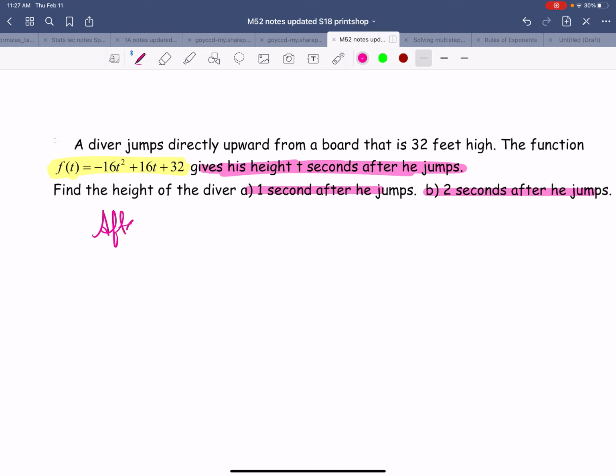So after 1 second, we would have to replace the t by 1. If you want to find the height after 10 seconds, we will replace the t by 10. If you want to find the height after 7.5 seconds, we will replace the time by 7.5. Okay, after 1 second, the height would be f of 1, which is negative 16 times 1 squared plus 16 times 1 plus 32.